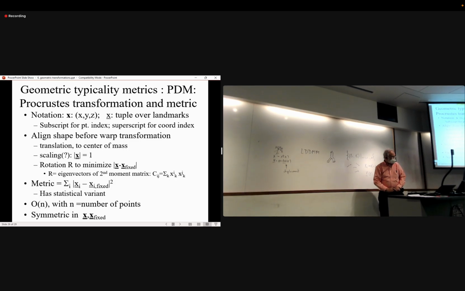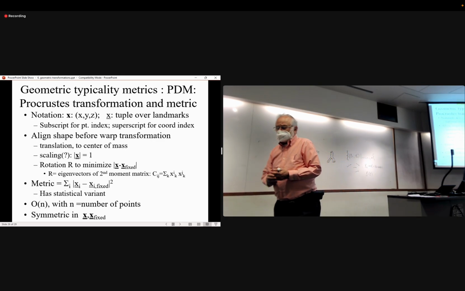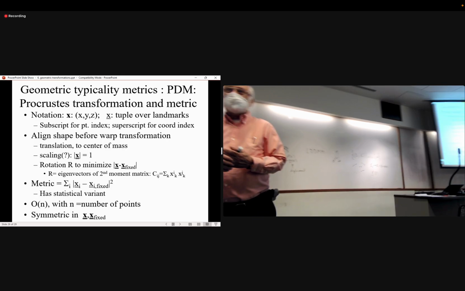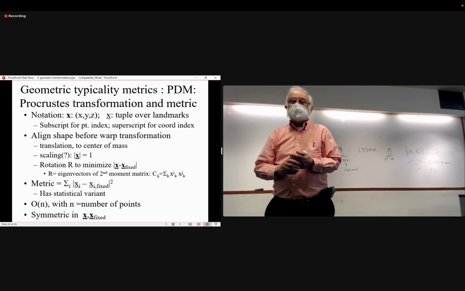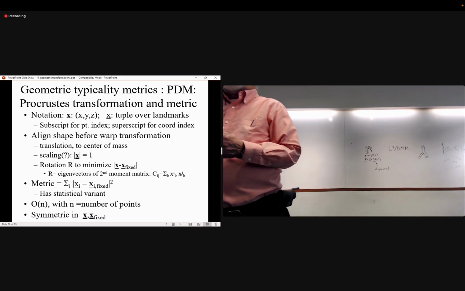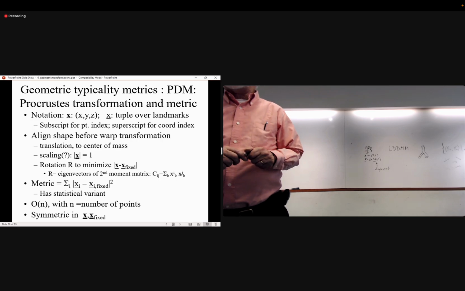Okay, so we need a deformation, but typically you do much better by sneaking up on the deformation and first figuring out what transformation is best purely in terms of a similarity transformation.